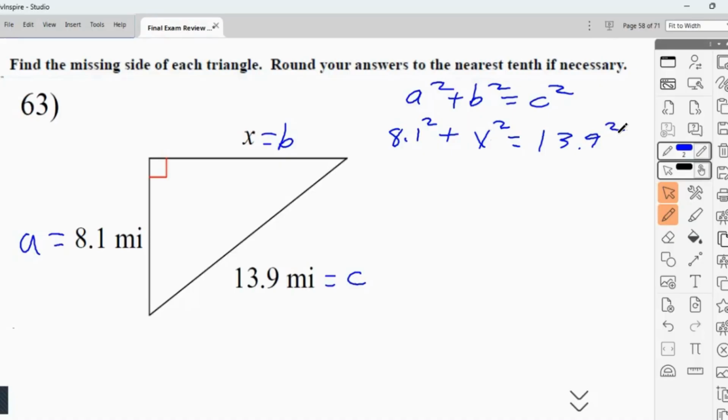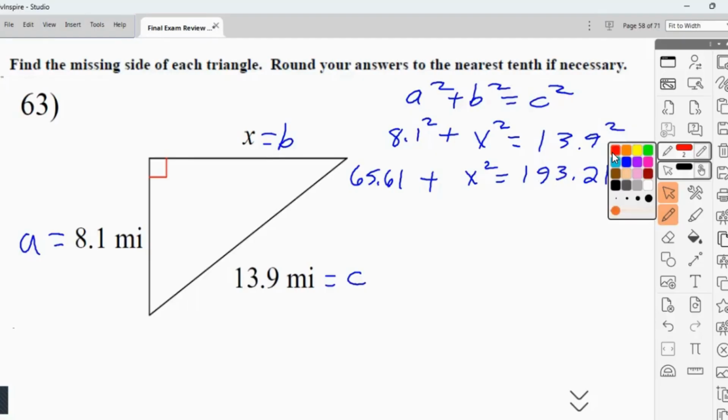Okay. 65.61 will be this one. And let's see what we get here. This will be 193.21. Let's go ahead and subtract here and here.